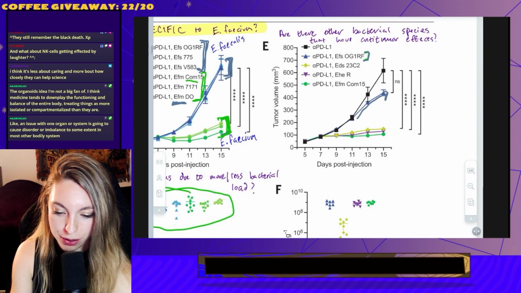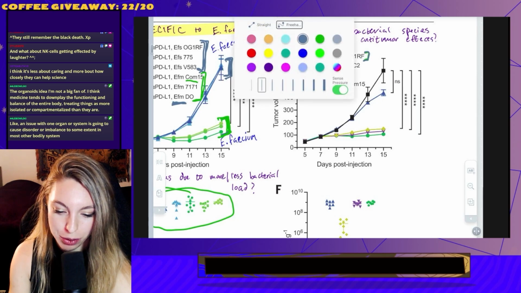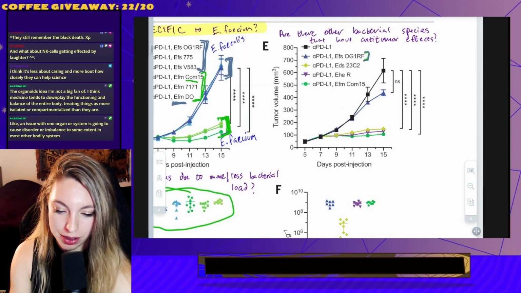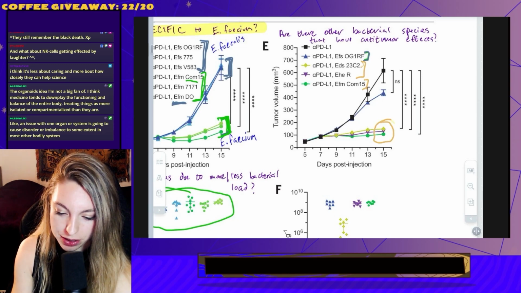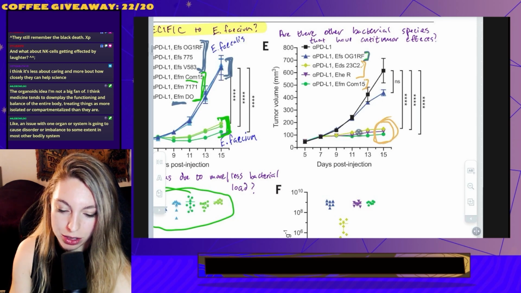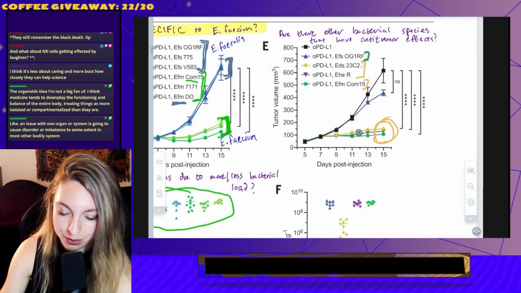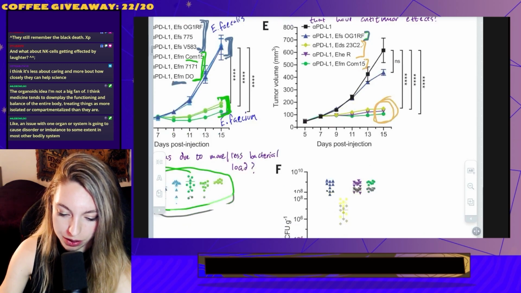There's no therapeutic effect. They look at something called EDS, which I don't remember what these ones are. I think they're more related to E. faecium, which is our good bacteria down here. So these other bacteria, they seem to have a similar therapeutic effect to our special bacteria. So they're like, oh, there's other ones, cool.